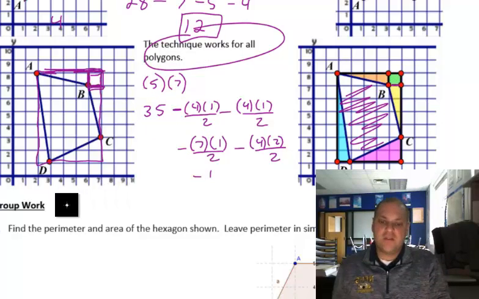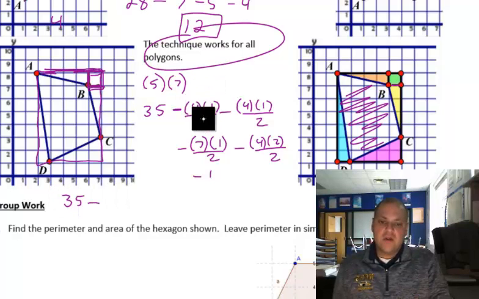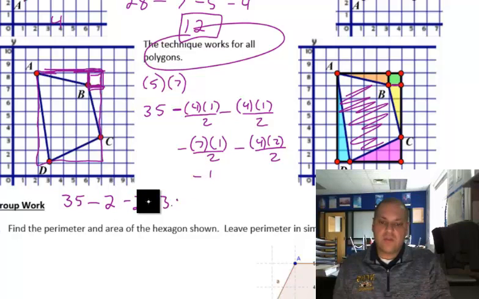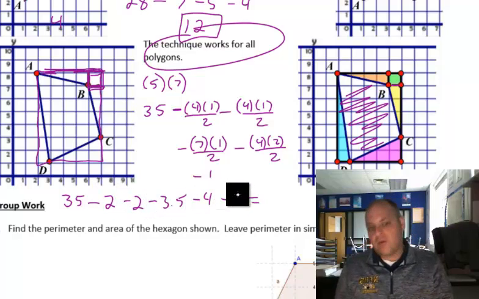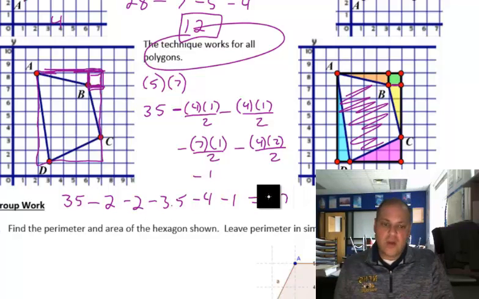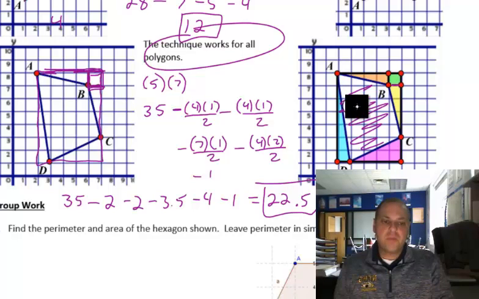So I'm going to do the work down here: 35 minus 4 over 2, which is 2, 4 over 2 minus 2, 7 over 2 minus 3.5, 8 over 2 minus 4, and then minus 1. So I had to do 35 minus 2 minus 2 minus 3.5 minus 4 minus 1, and that comes out to be 22.5, the area of my quadrilateral in this case.